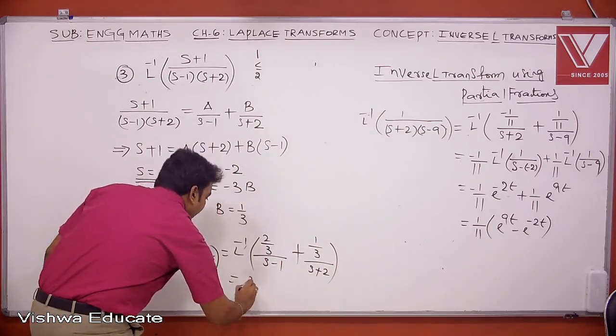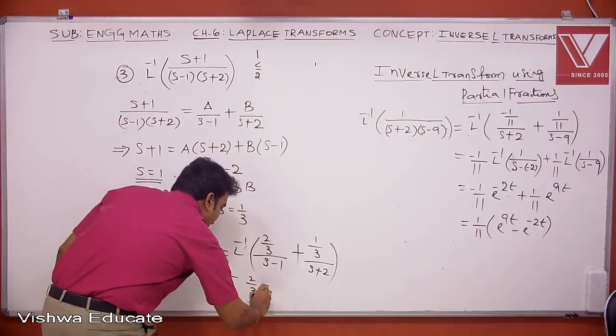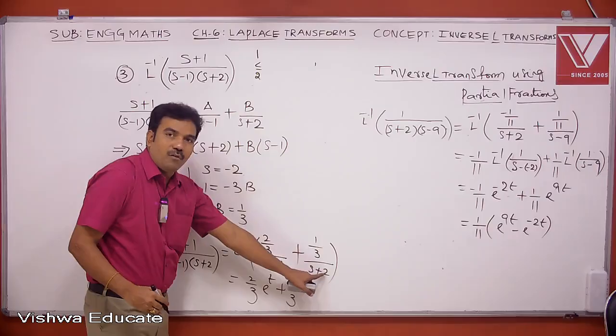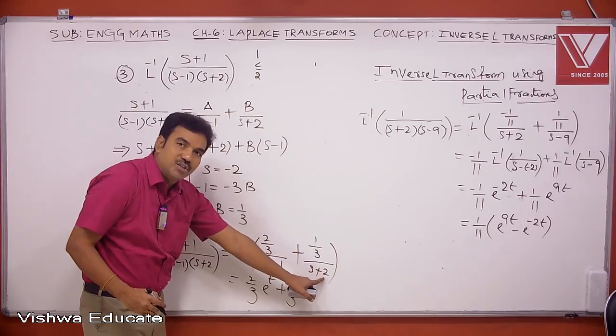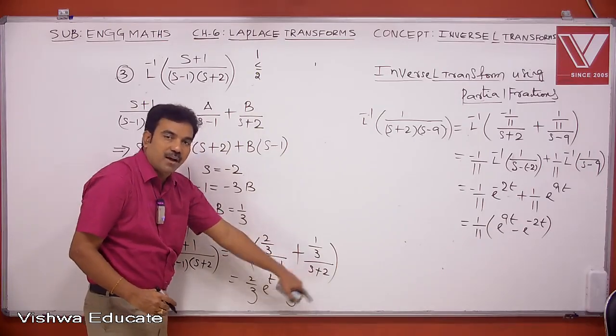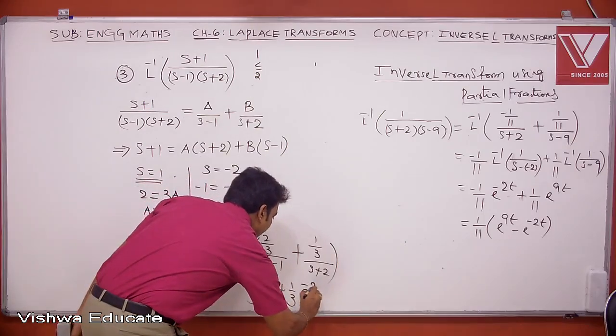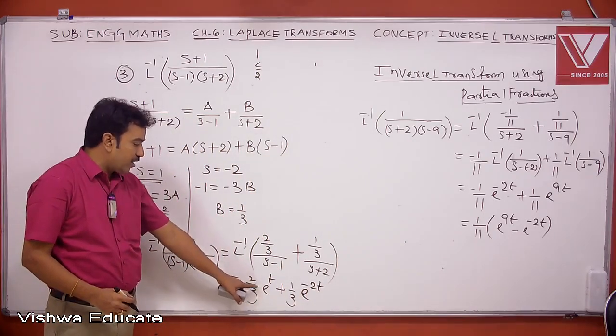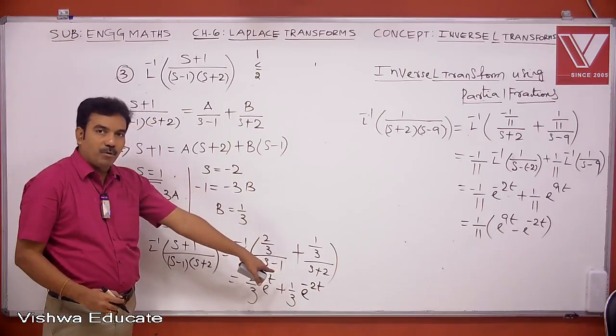So 2 by 3 you can take outside: L inverse of this is e power t, plus 1 by 3 into L inverse of 1 by s plus 2. Here a value is minus 2, so s plus 2 can be written as s minus of minus 2. So this becomes e power minus 2t. Therefore, 2 by 3 times e power t plus 1 by 3 into e power minus 2t.